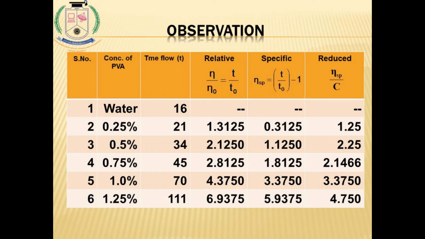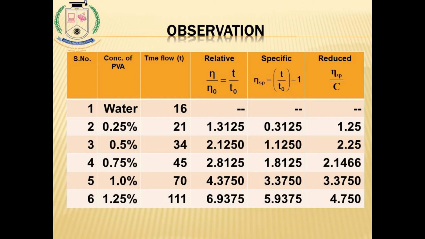You see that the ratio between the flow time of our polymer and the reference, water or solvent, will give us the relative viscosity, and if you subtract 1 from the relative viscosity, you will get the specific viscosity.